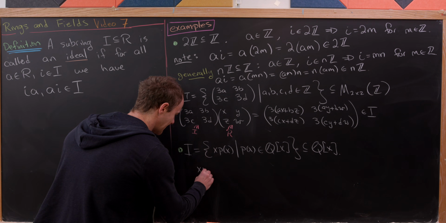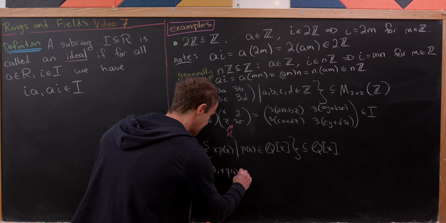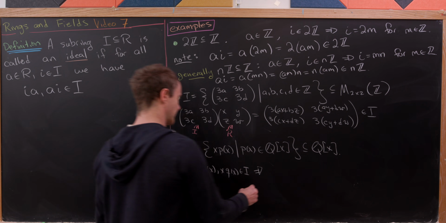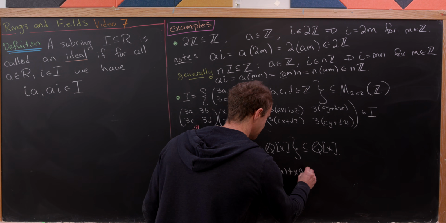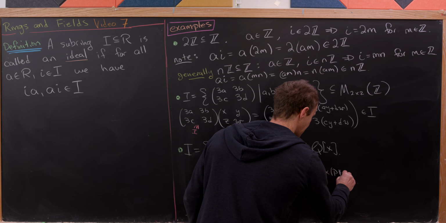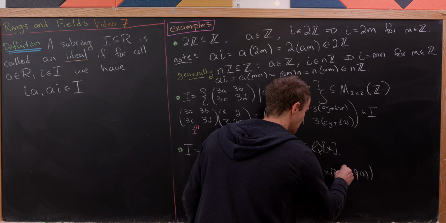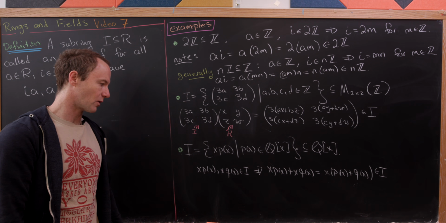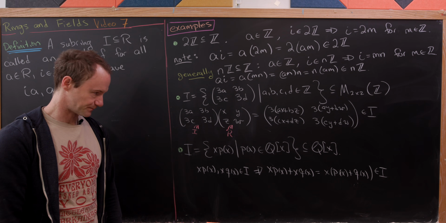So let's take x times p of x and x times q of x inside of I, and let's observe the following. We have x times p of x plus x times q of x is equal to x times (p of x plus q of x), using the distributive rule. But notice that that is an element of I as well. So that means that our ideal is closed under addition.